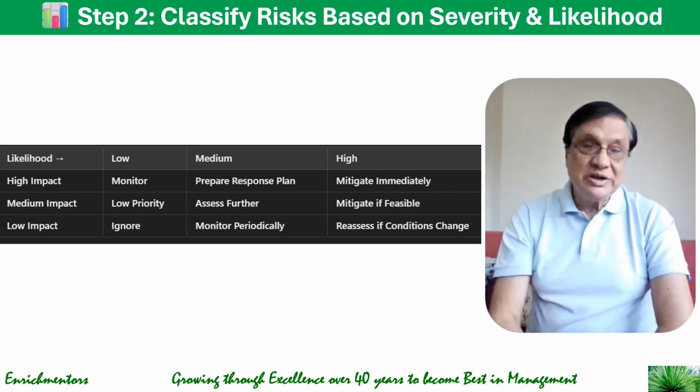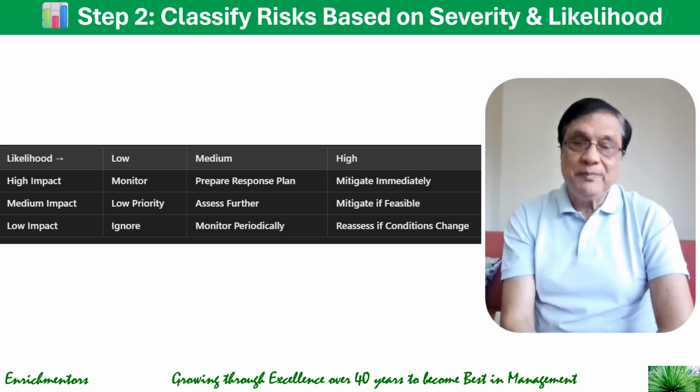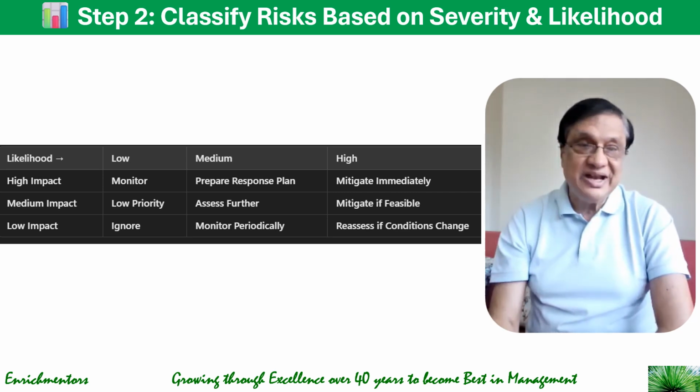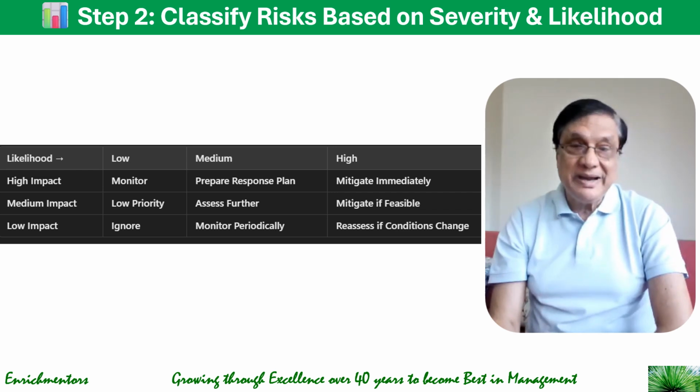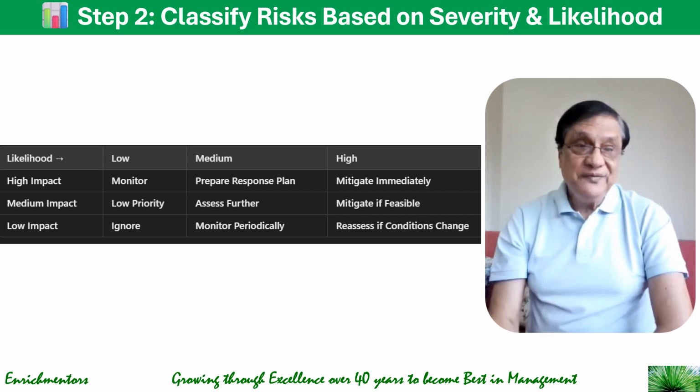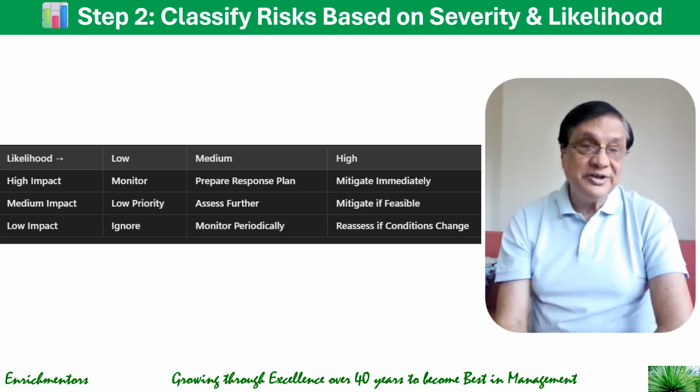So once you classify, that starts showing how you can manage that risk. If it's a risk that is high on impact and high on likelihood, then you need to mitigate it immediately. If it is a high impact risk with low likelihood, on the top left, you just need to monitor. If the likelihood is low and the impact is low, you can ignore it.